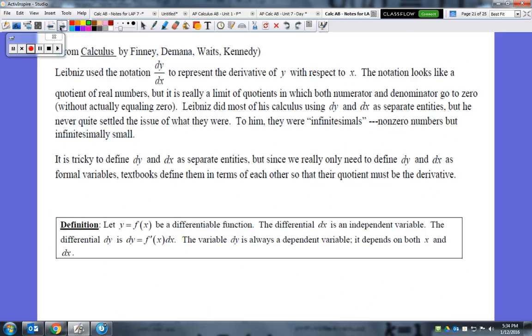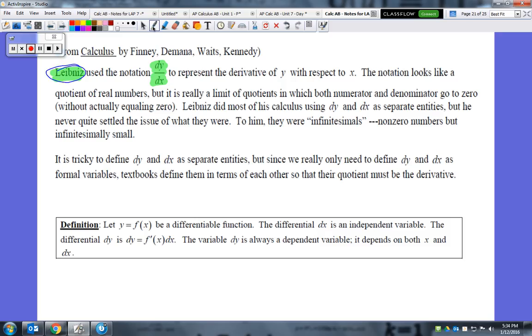Okay, so we're going to go over here and look at our last part, which says, from calculus, Leibniz, the German, used the notation dy dx to represent the derivative. I'm not sure if I've covered this in class.